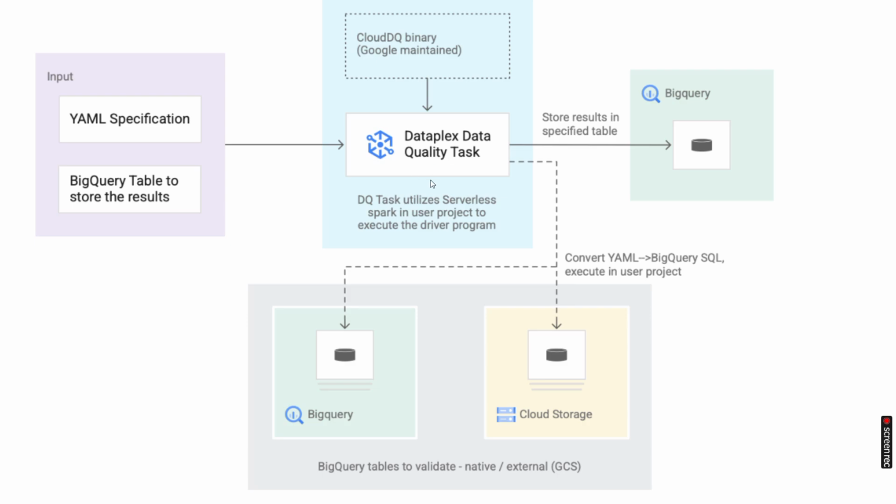Once you create this Dataplex environment, the Dataproc batch job will be created automatically in the backend. We are going to see that, not a problem. Finally, the results are stored in the specified BigQuery table. We are going to see this in detail, no need to worry if you are unable to follow.